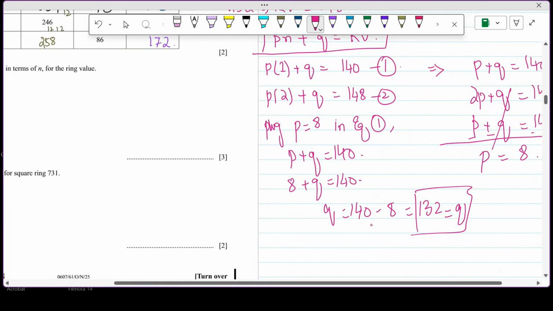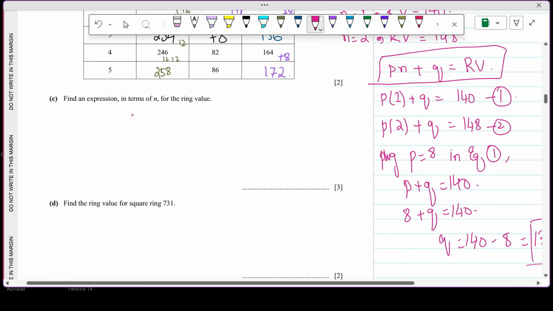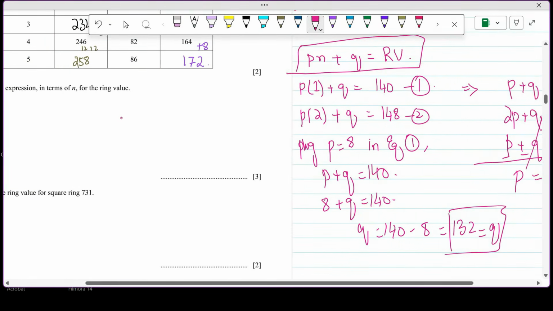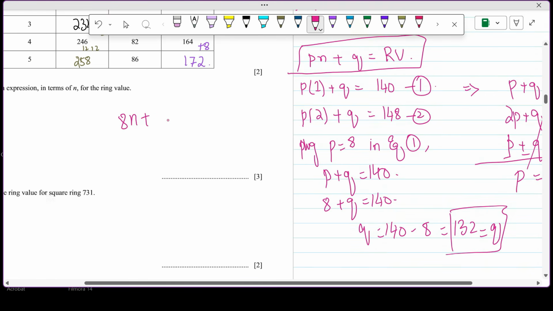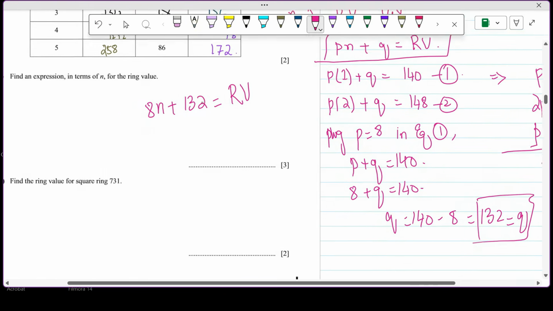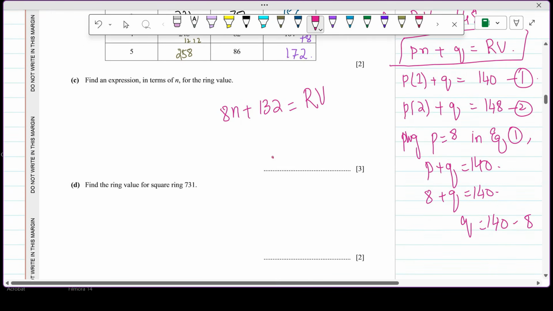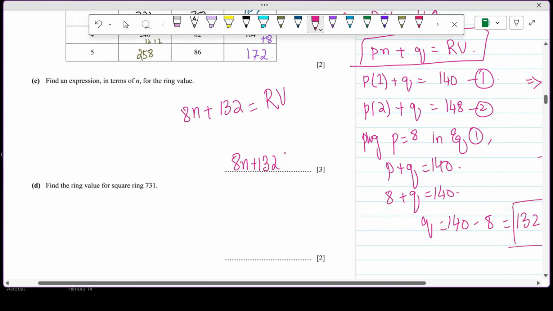P is 8 and q is 132. So 8 times n plus 132 is equal to the general term for the ring value. So this is the expression: 8n plus 132.